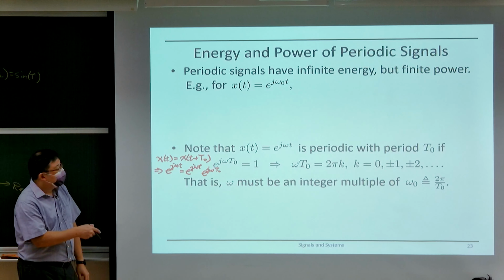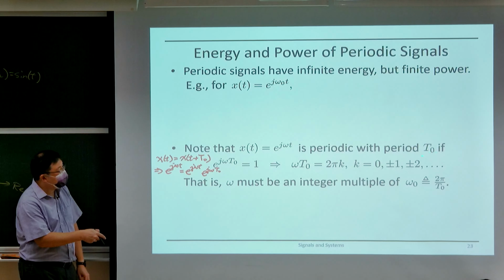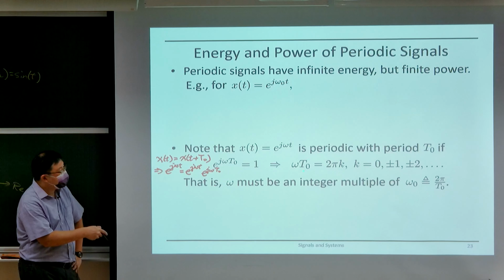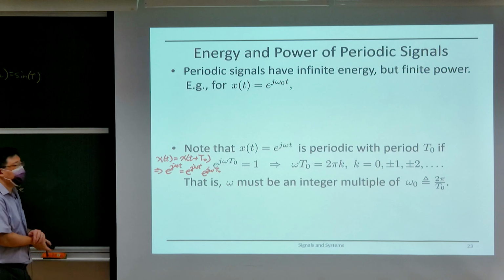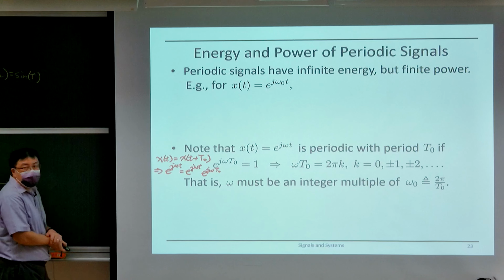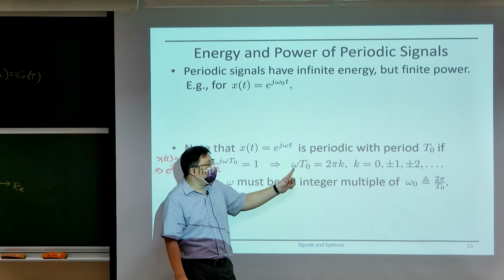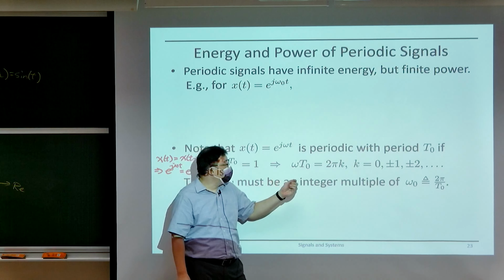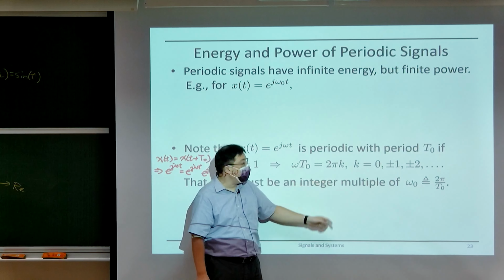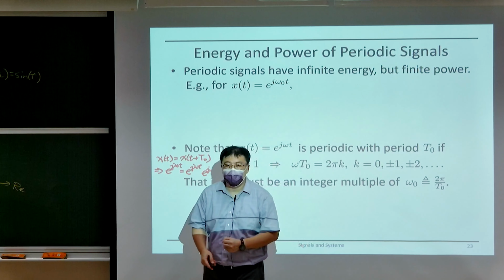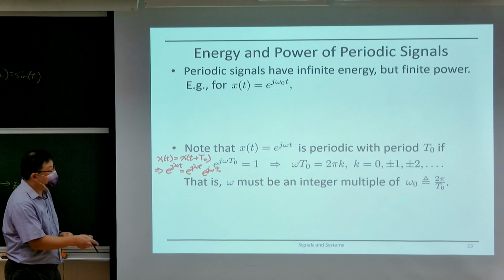Or in other words, if you move T naught to the other side, omega must be an integer multiple of 2 pi over T naught. And let's define 2 pi over T naught as omega naught.